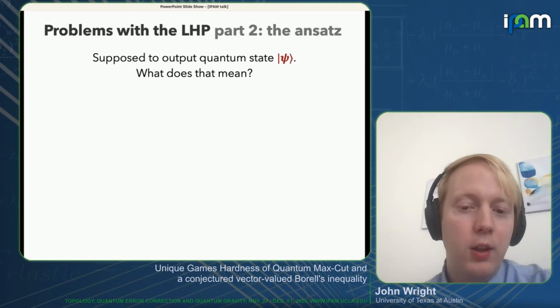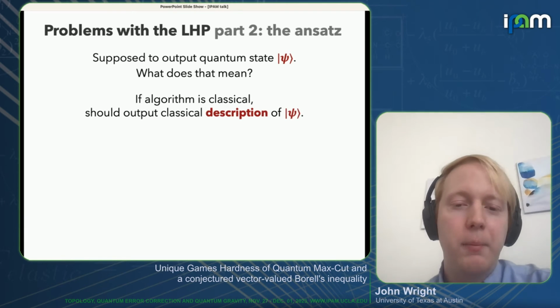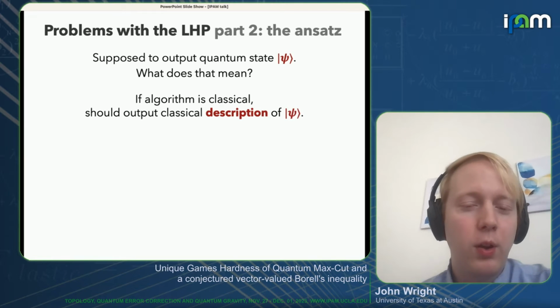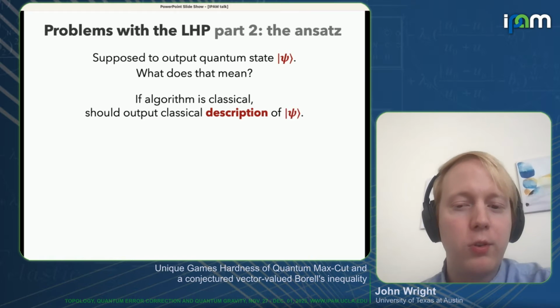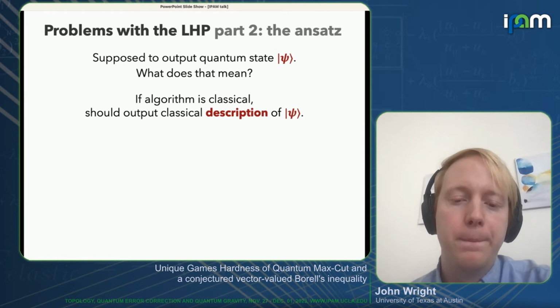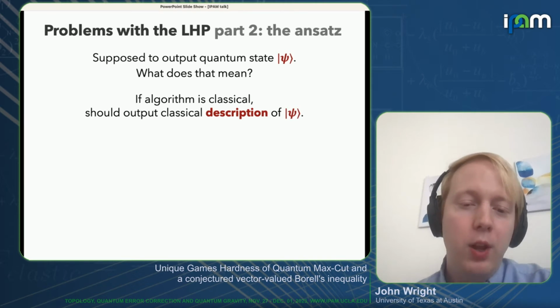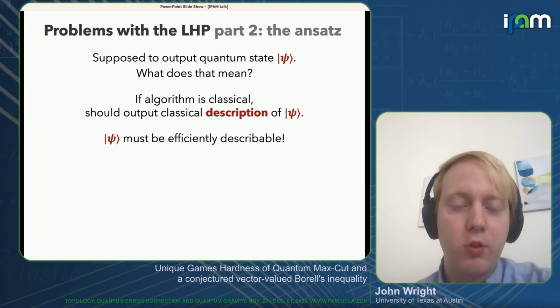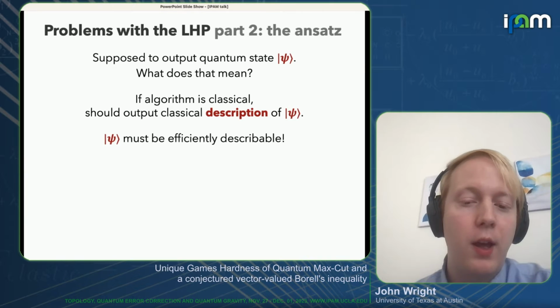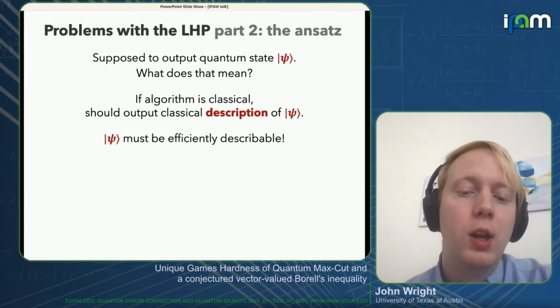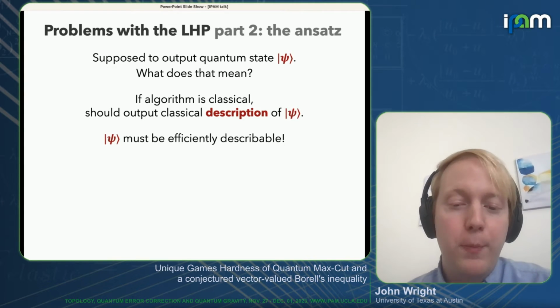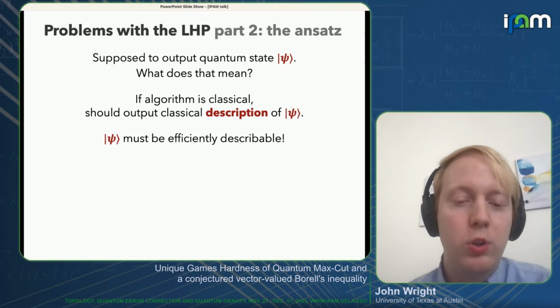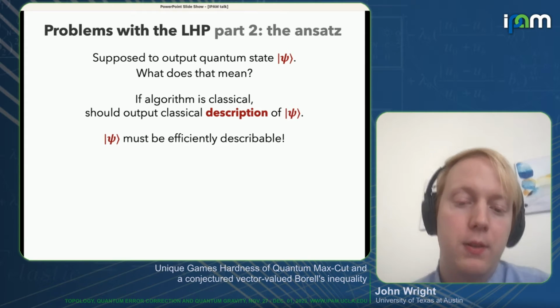If you're designing a classical algorithm, it means you should output a classical description of psi. For my polynomial time algorithm to be able to do that, psi must be efficiently describable, so I can describe the state to you using only polynomial bits.